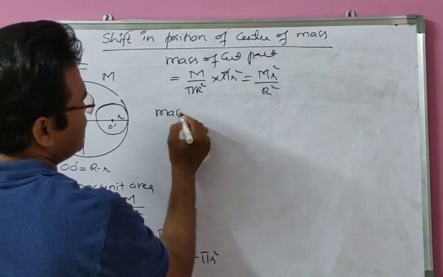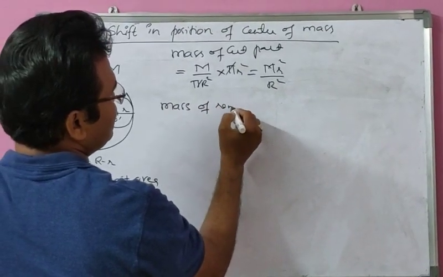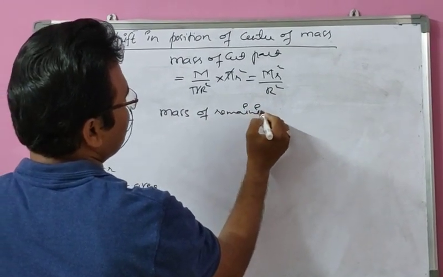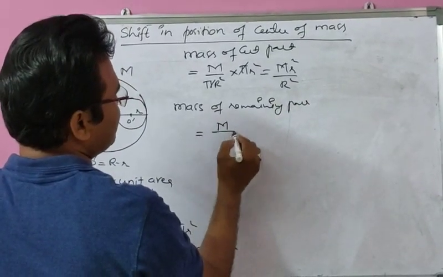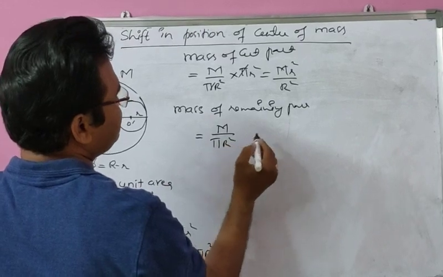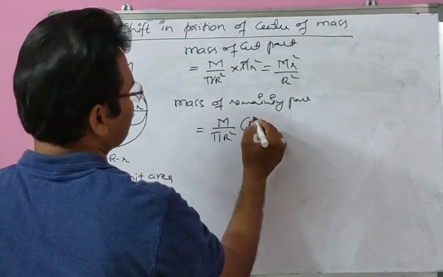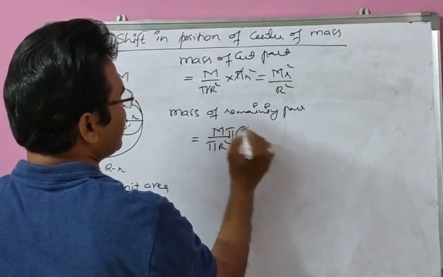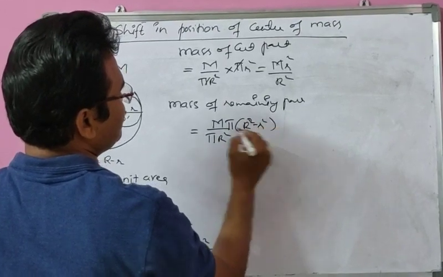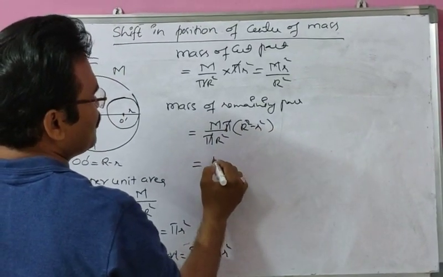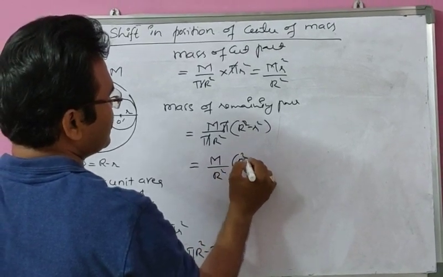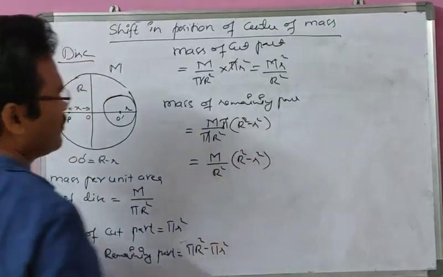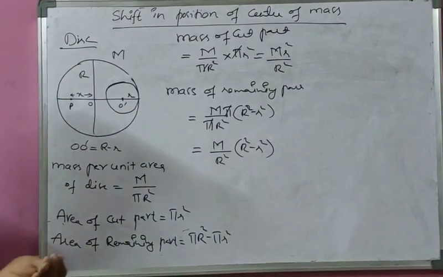Then the mass of the remaining part is m by pi R square into pi R square minus pi r square. This pi gets cancelled. We get m by R square of R square minus r square. So we got the masses now.